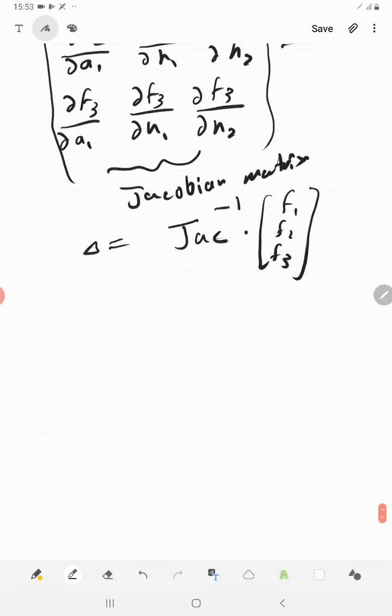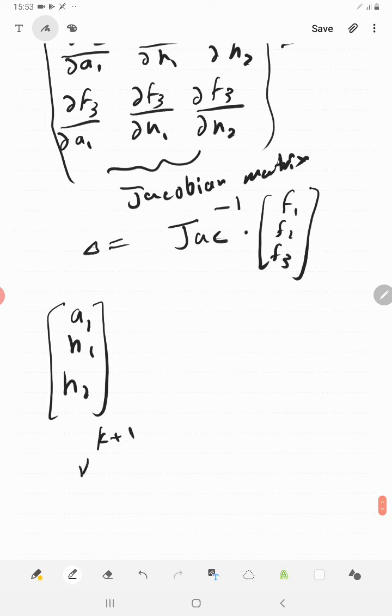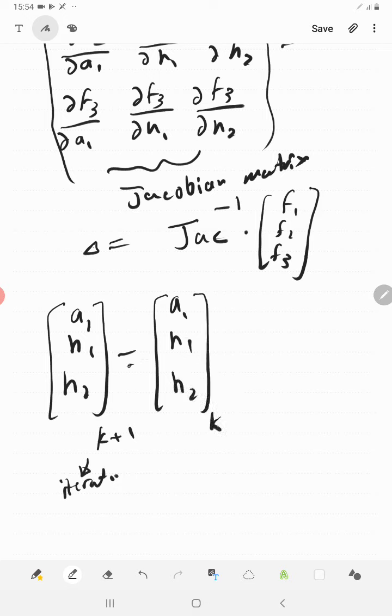And we update A1, H1, H2 at iteration k plus 1, which is equal to the previous A1, H1, H2 at iteration k, minus the Jacobian inverse times F1, F2, F3. We update this one.